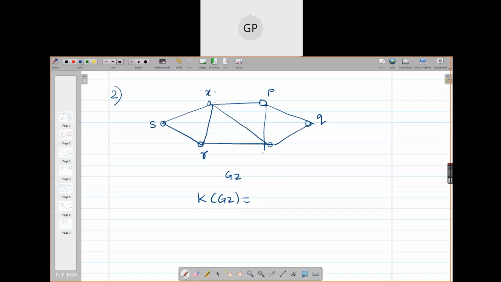Yes, ma'am. So first you draw, you must have drawn this G2. Now you draw the graph after deleting. So this is S, this is R, and then you have P and you have Q. S, R, P, Q. This is the graph G2 minus X comma Y. So vertex connectivity of this graph is 2.